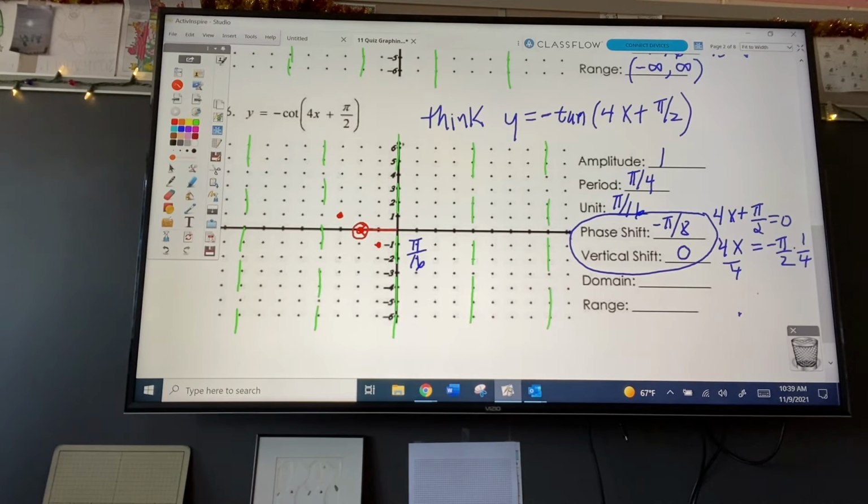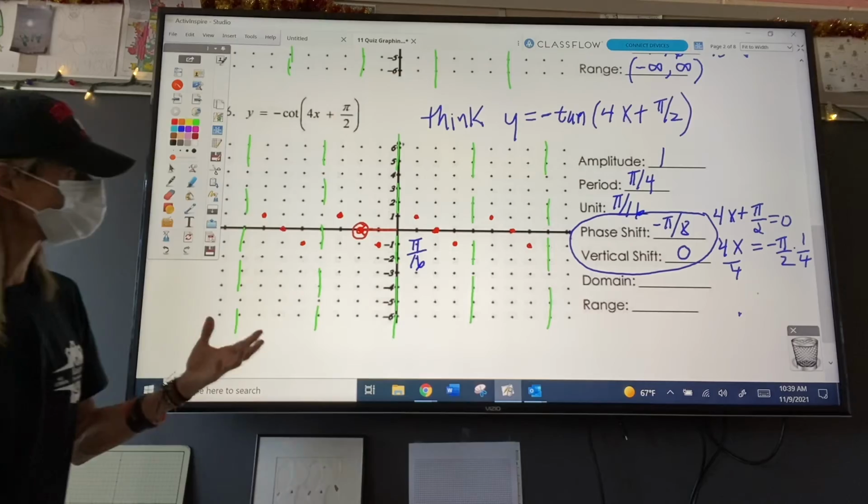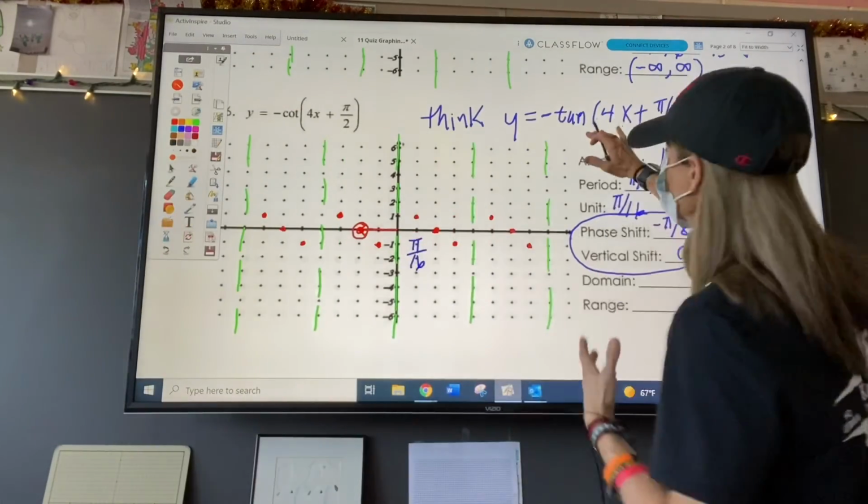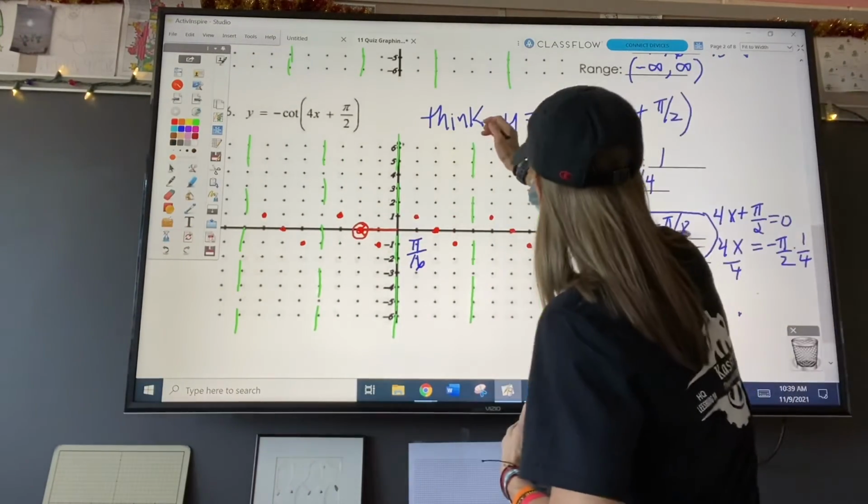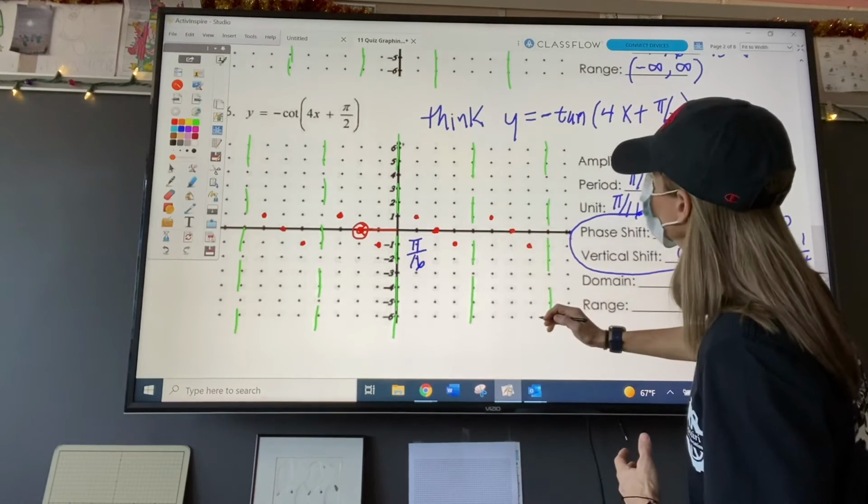Okay, so let me put in a couple more points here. The next step, if we were actually graphing negative tangent, would be to draw our graph in.